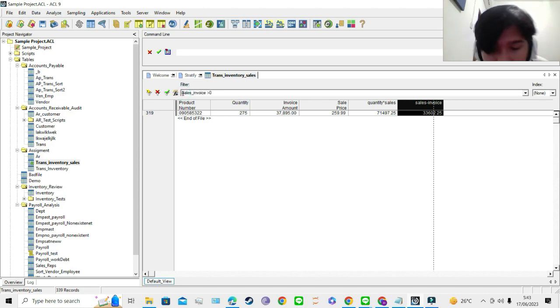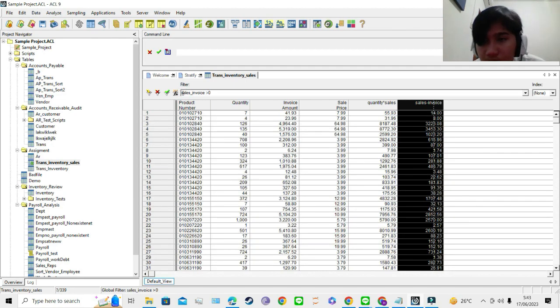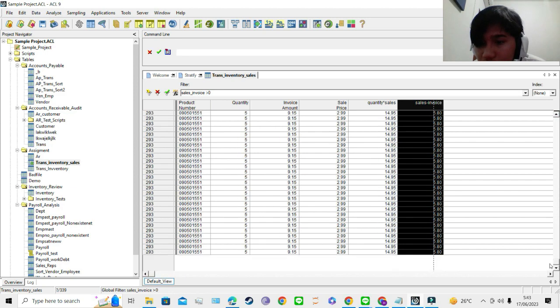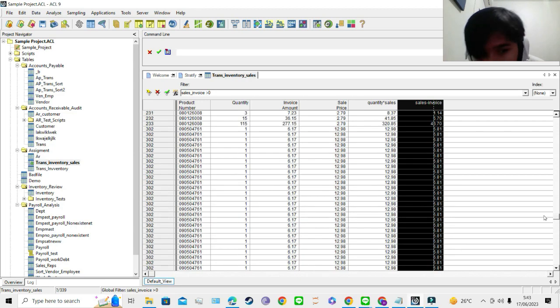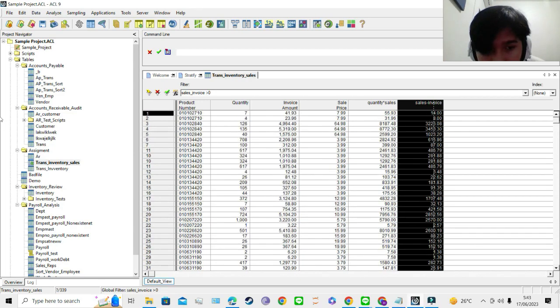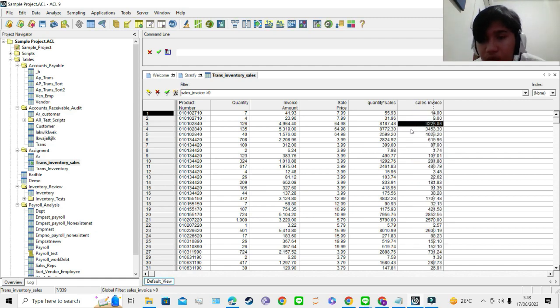Let's find it, and here's the result. There is too much difference on this data.